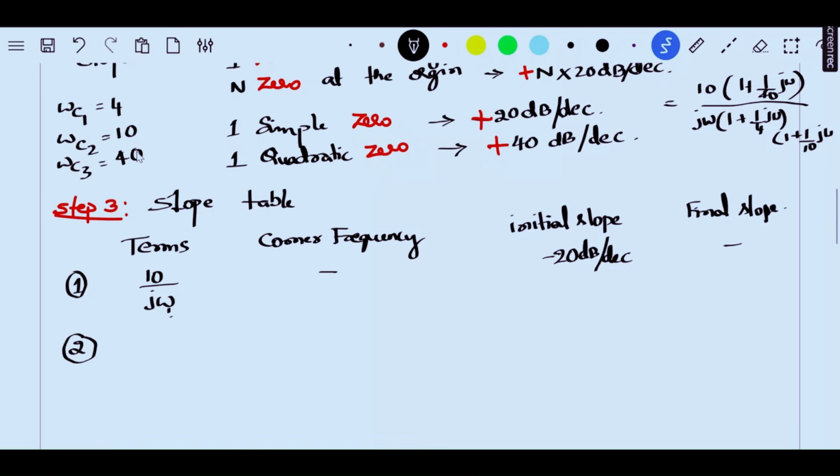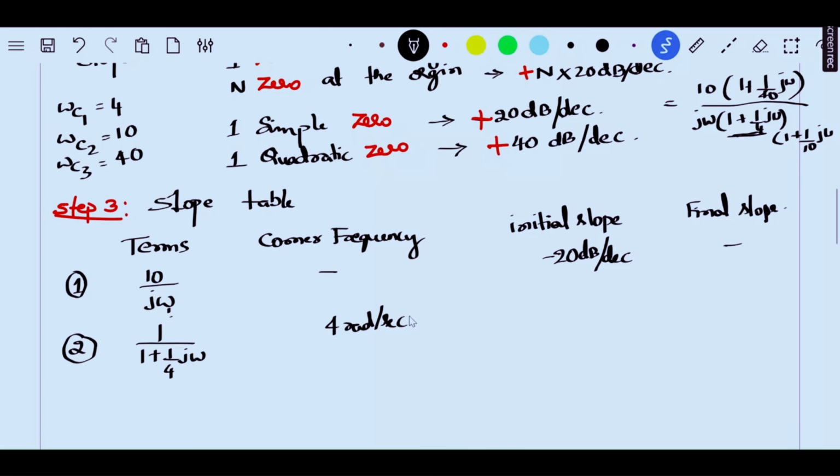So now we need to take the first corner frequency, which is 4 radians per second. Now this 4 radians per second is because of which factor? It is because of the simple pole, 1 over 1 plus 1 by 4 j omega. This is the factor which generated this corner frequency.